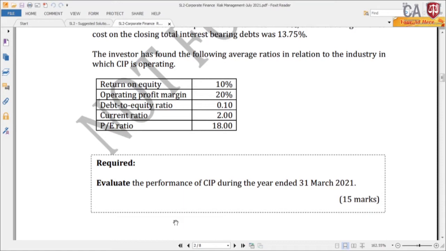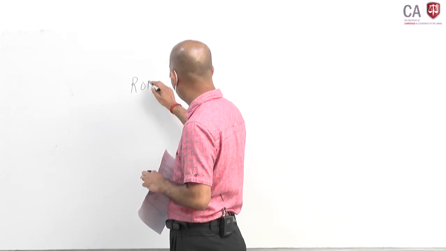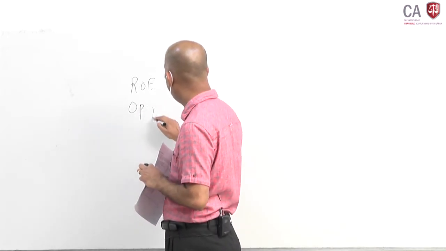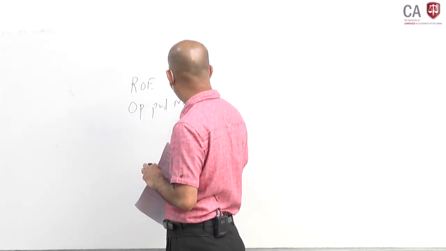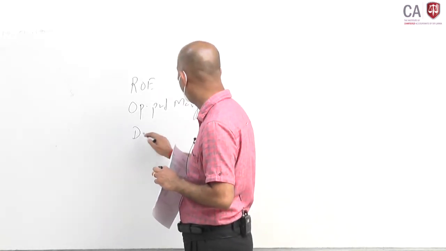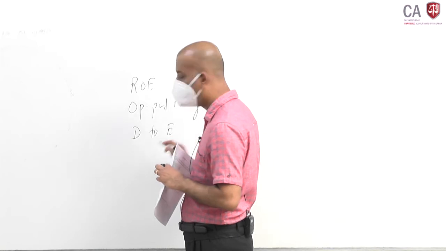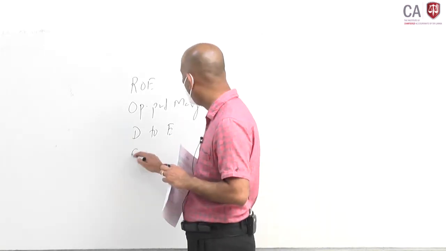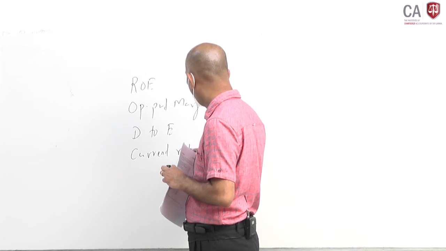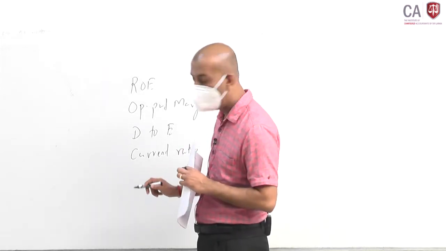So you have return on equity and operating profit margin, then debt to equity ratio, and the current ratio, and the P/E ratio.